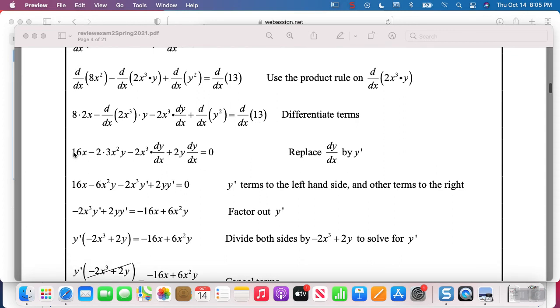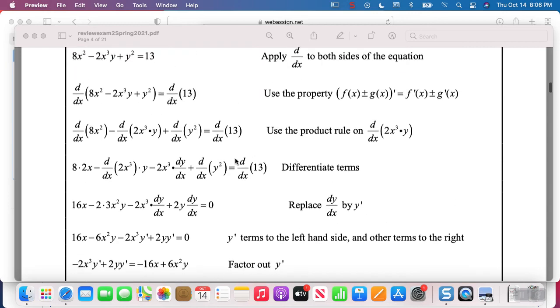Now from this equation, what we're looking for is to solve for dy/dx, which appears in two places. Just to simplify notation, we know dy/dx is the same thing as y prime, as we stated above.